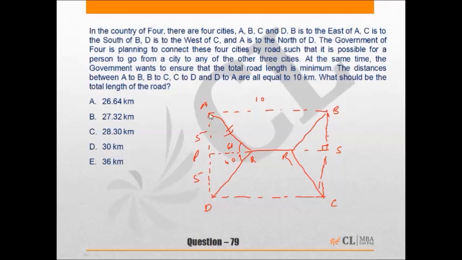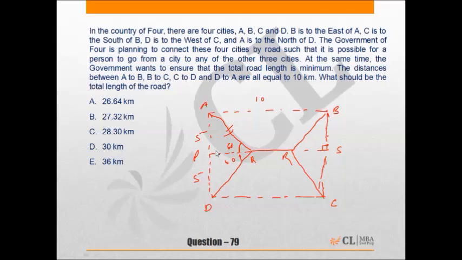As it is given that AB or AD is 10, so from here we'll get AP as 5 units, and angle PQA is 60. This is for minimizing the length of road.